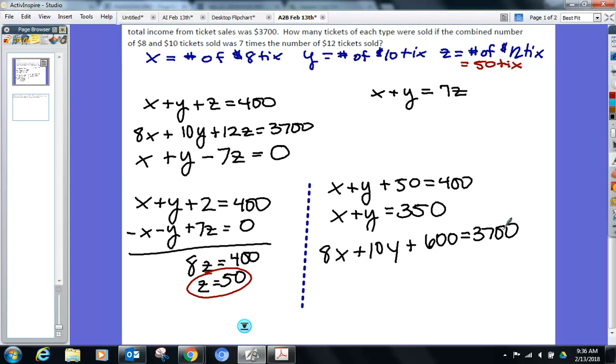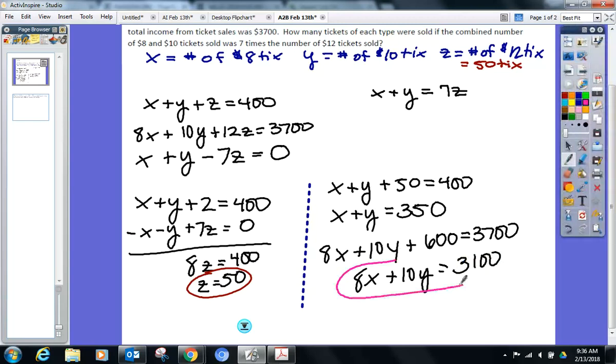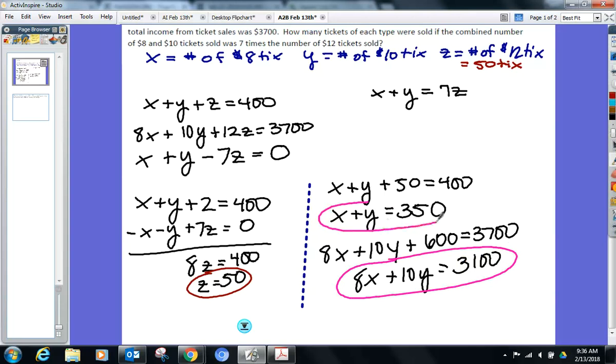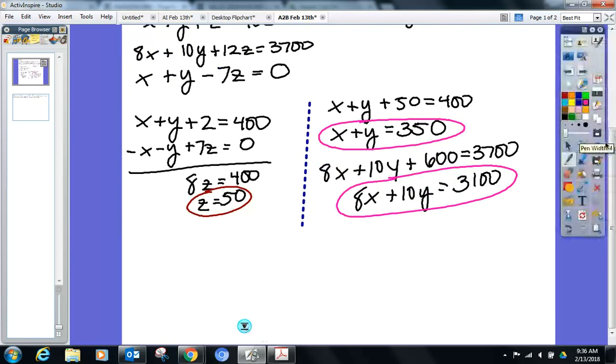Move the 600 over. 8x plus 10y equals 3,100. You see the two equations now. You guys pick which one you want to eliminate, X or Y. We're taking these two equations. Which one do we want to eliminate?